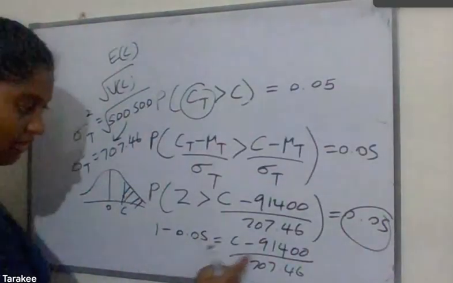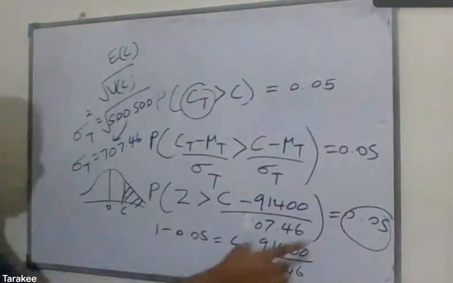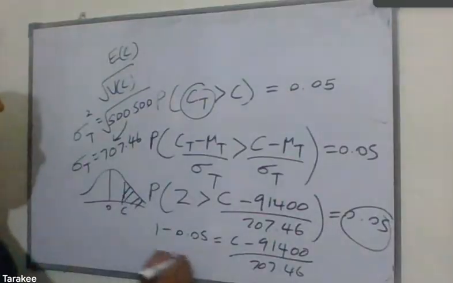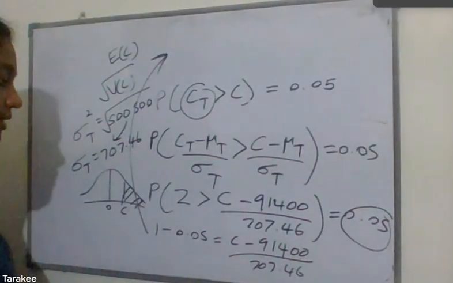So 1 minus this value is the probability you get. Okay, that's why I said negative value and negative. Don't misunderstand.